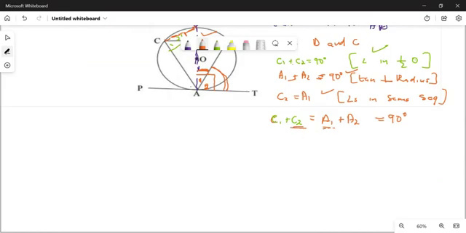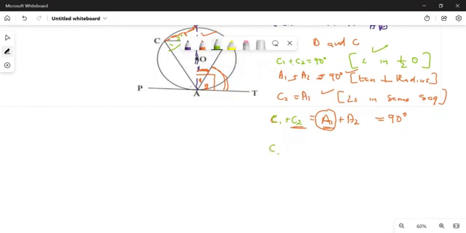Because C2 is equal to A1, we can replace it. We can decide to change this one and make it C2 again. If we make this one C2, it means we are going to have C1 plus C2 equal to C2 plus A2.